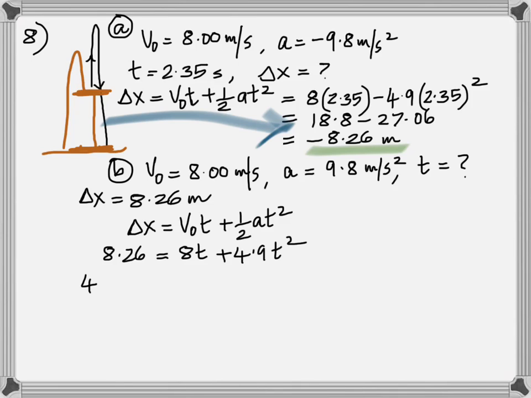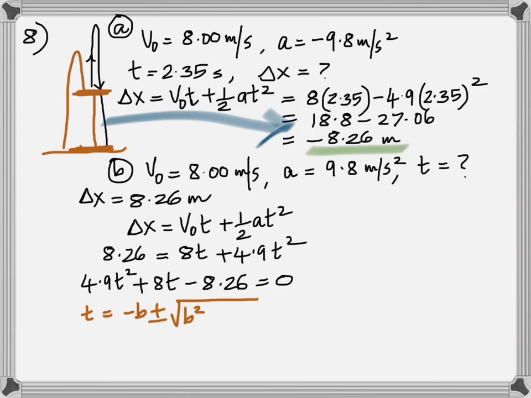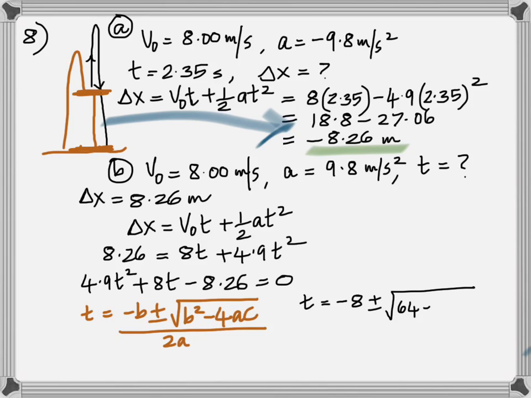And you set up a quadratic equation. Rearrange the terms. And for a quadratic equation, the solution is given by minus b plus minus square root of b squared minus 4ac, all over 2a. And of course, you have to know that a is this quantity, b is this, and c is this, with their signs included.